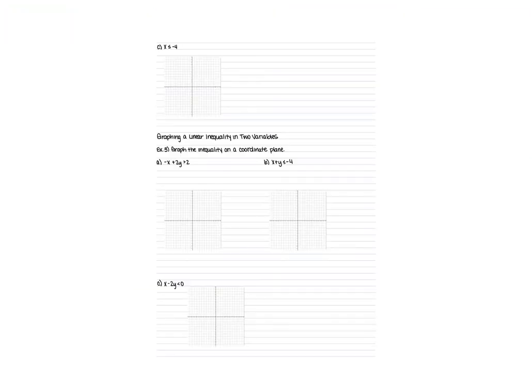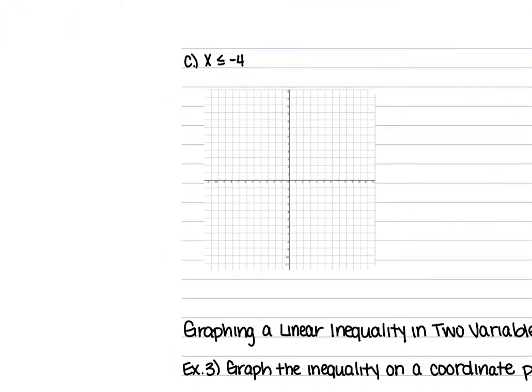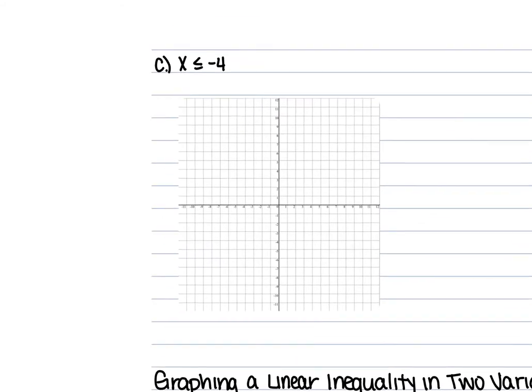Let's do example C. So x is less than or equal to -4. Sophia? X equals -4, and then you put the line on -4 going vertical. Dotted or solid? Solid. Good. So this is solid.